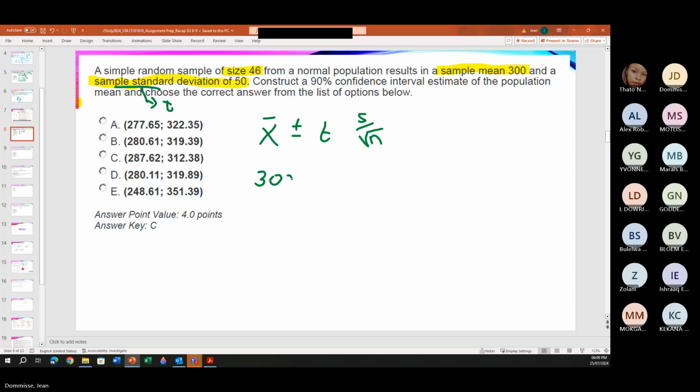So mean stays the same. So if it is a Z or T, that doesn't differ.